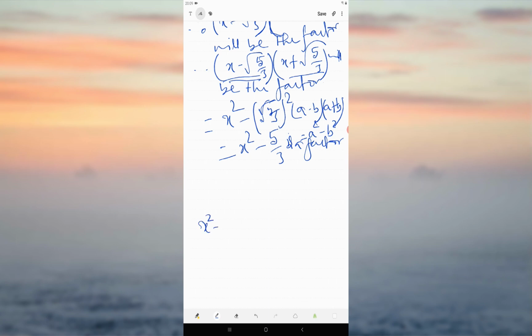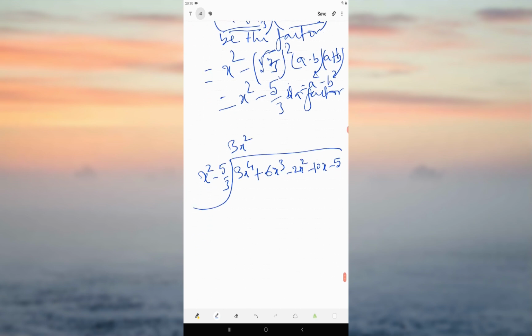We need to divide 3x to the power 4 plus 6x cube minus 2x square minus 10x minus 5. So the first thing that will come will be 3x square.